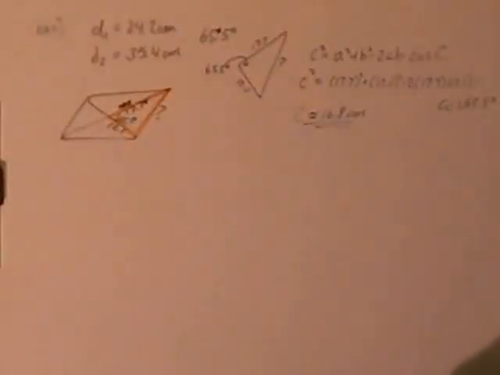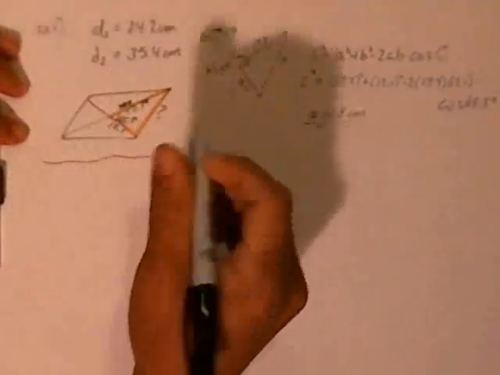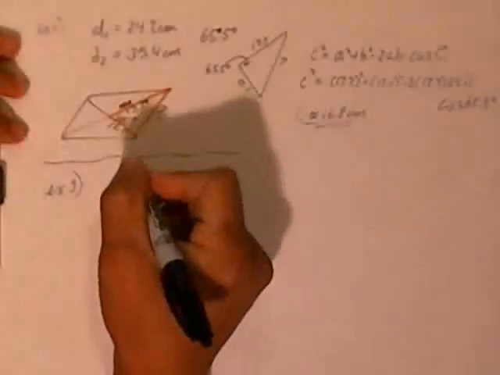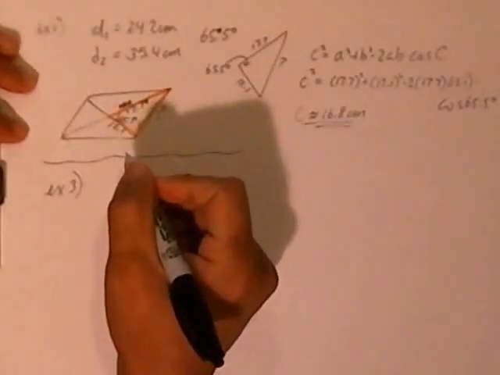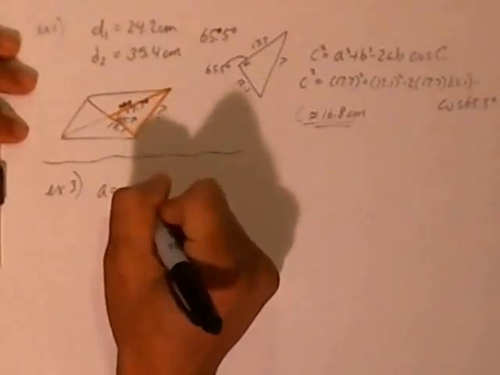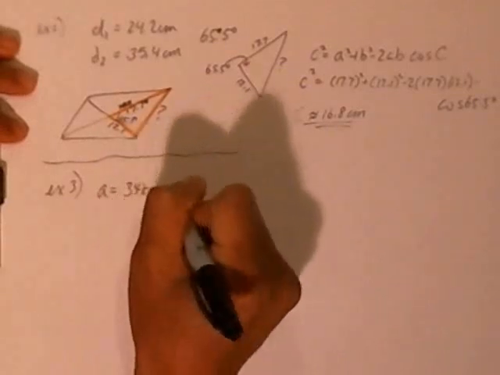Next problem. Let's say you're given 3 sides. So we're going to cross this out. Example number 3. Let's say you're given side A is 34 kilometers.